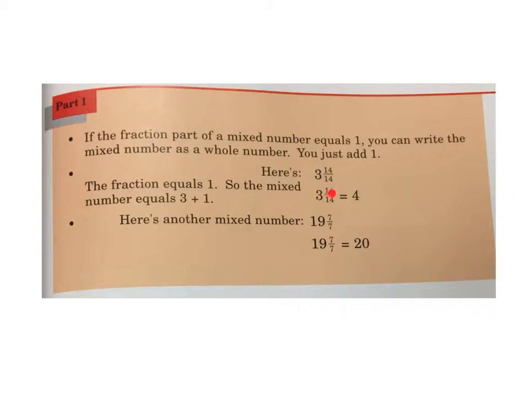So 3 plus this fraction that equals 1 means that I have 4 wholes. So another mixed number is 19, and then the fraction part equals 1, 7/7. So it's easier to say, instead of 19 plus 1, I could just say 20. So go ahead and go to part 2 and we'll work on some problems.